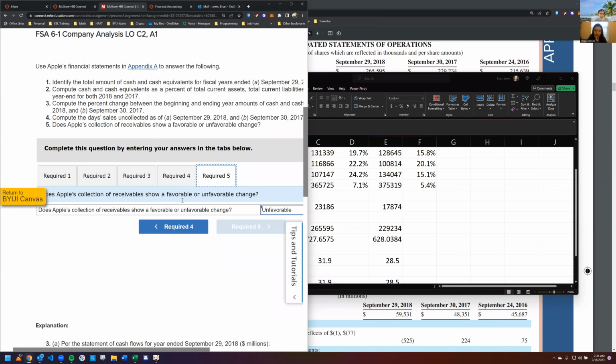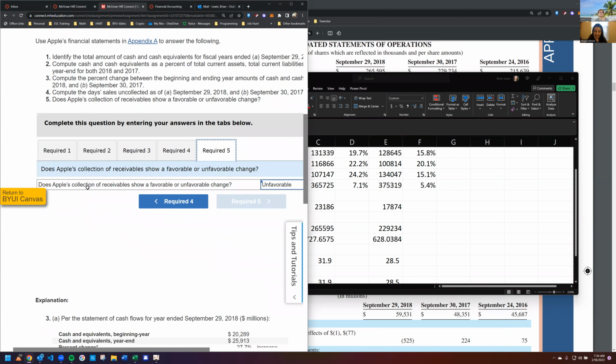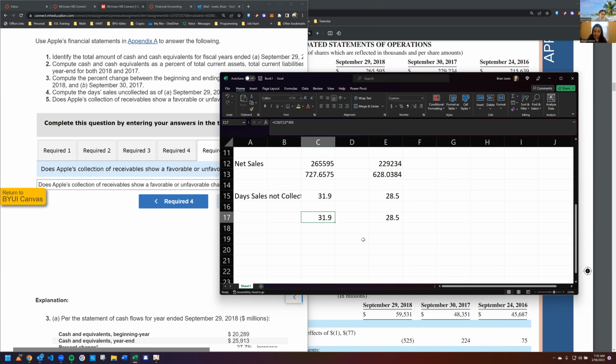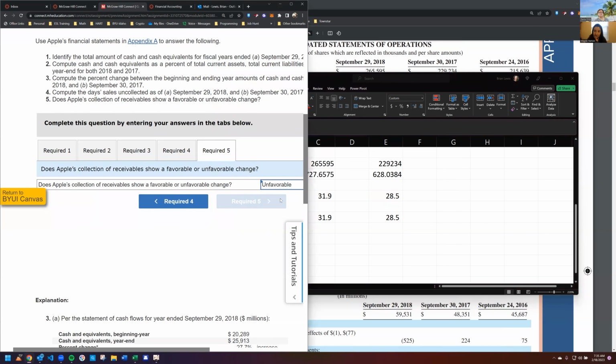Okay, and then the last one, does Apple's collection of receivables show a favorable or unfavorable change? Well, day sales would be more than last time. So it's taking more days to collect my sales, my cash effectively, than prior years. So that would be unfavorable. It was the other way around, right?